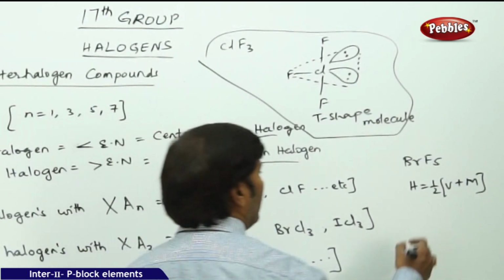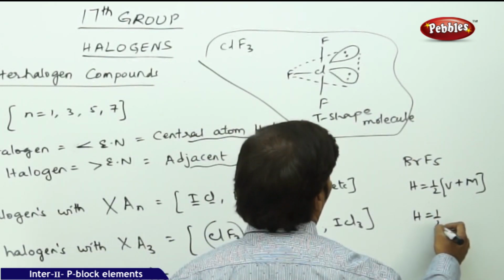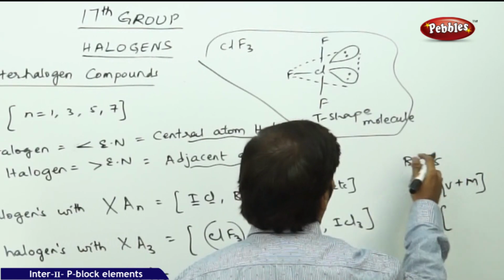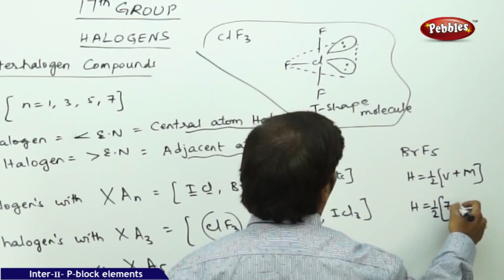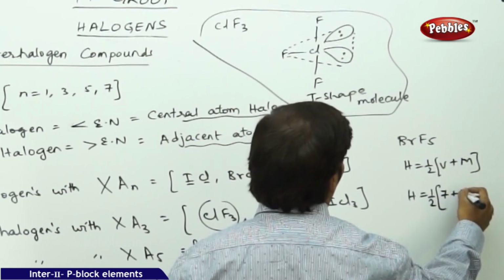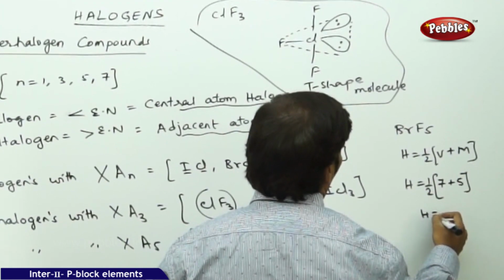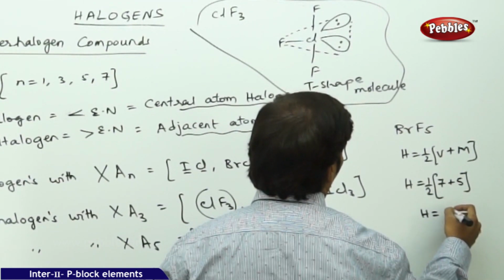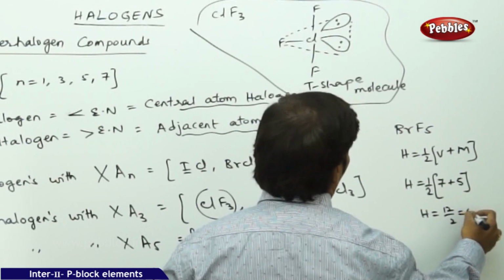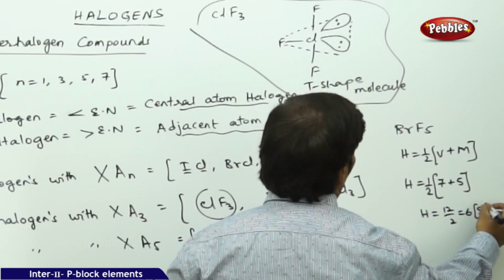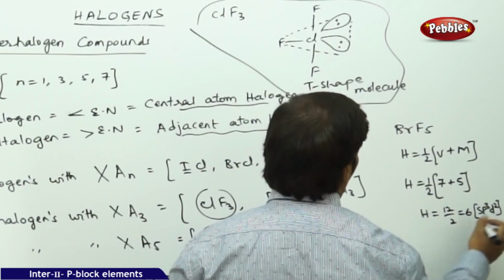So H is equal to half of the valence electrons of bromine, 7, plus fluorine, 5. So H is 12 by 2, which is equal to 6. 6 is nothing but sp3d2 hybridization.